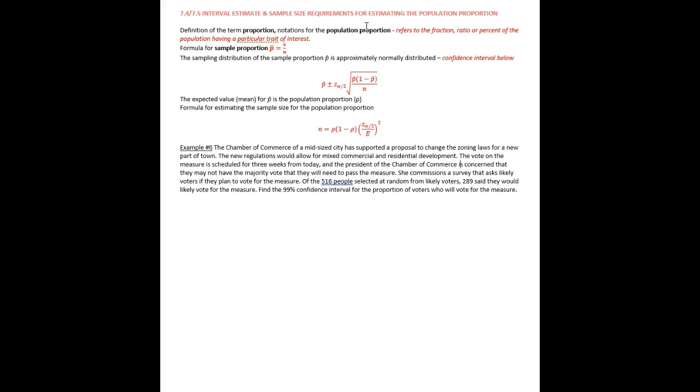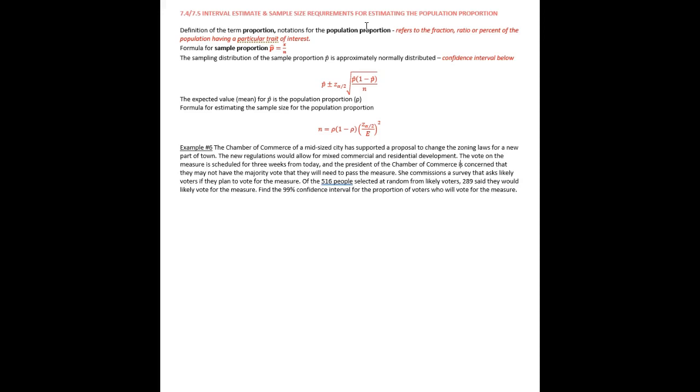The sampling distribution of the sample proportion p hat is approximately normally distributed. The confidence interval formula is below. It's p hat plus or minus z alpha half times the square root of p hat times 1 minus p hat over n. Okay, so that's your formula. The expected value, the mean, for p hat is the population proportion p, or rho.